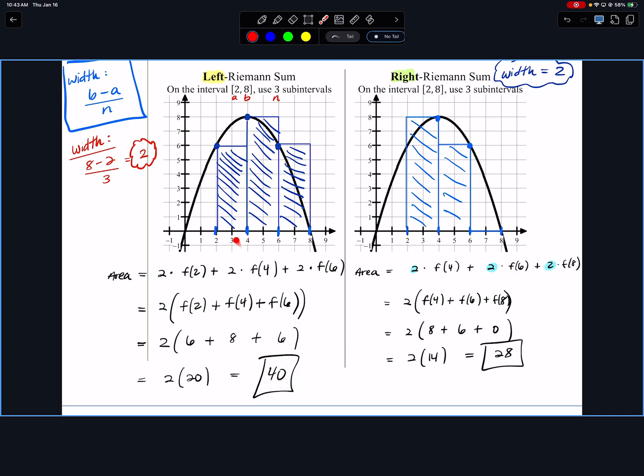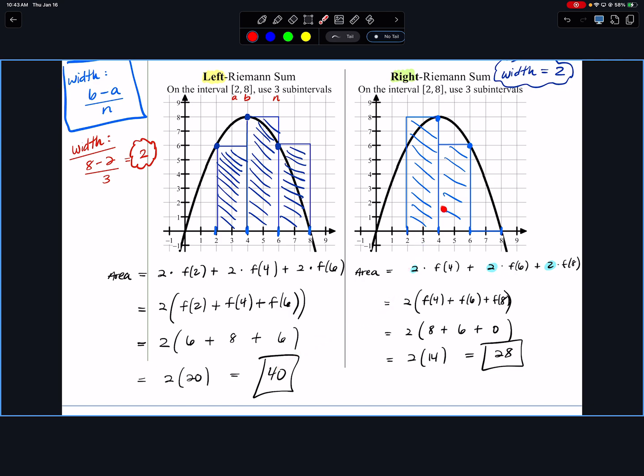So what I want you guys to look at is, do you guys see how the area under the curve, so this is under the curve, this is under the curve, but we included this as part of our answer, right? Is this under the curve? So you guys agree that's like extra, right? And then here, this is a lot of extra. Okay, so this is what we would call an overestimate because we included too much of the area.